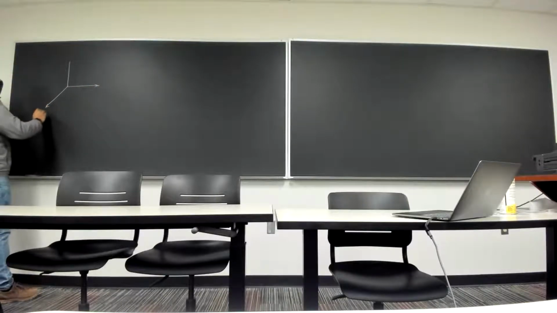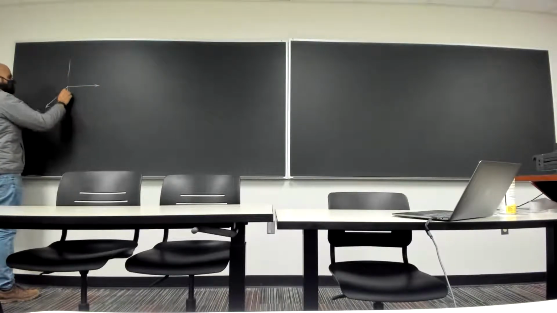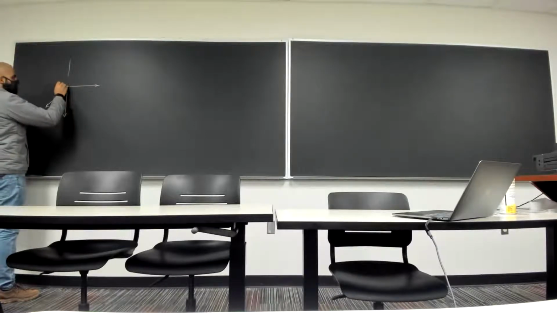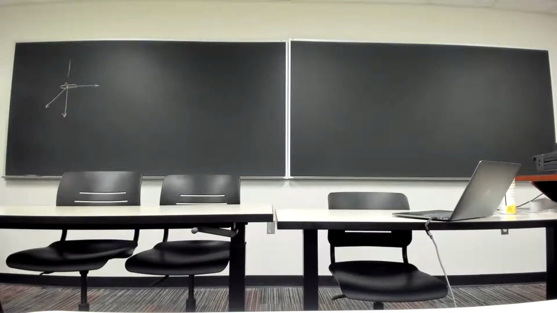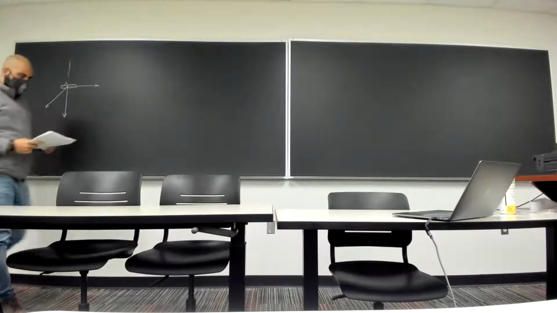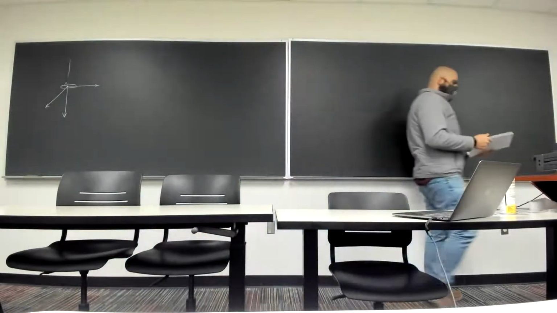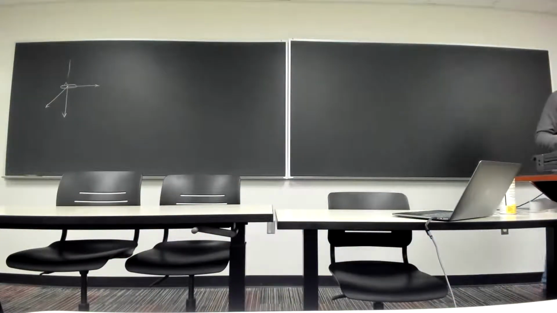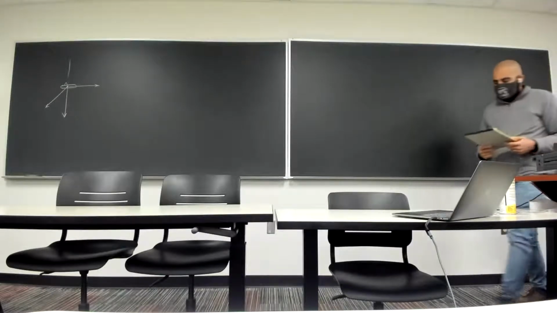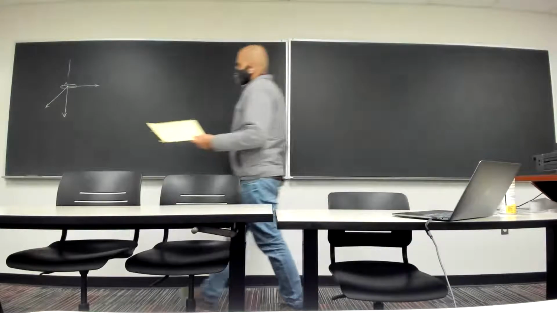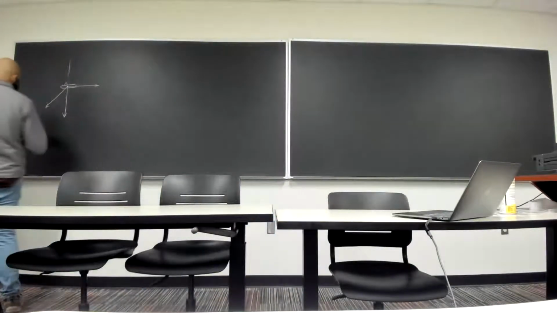Let's say this is your aircraft. You can have three different sets of coordinate systems. One is based on the Earth surface, which we call the Earth-based coordinate system.